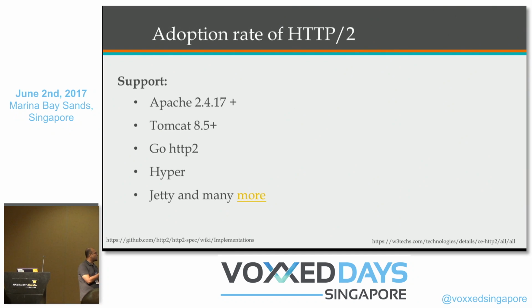The main reason was that more and more applications, browsers, tools, web servers, and proxies all started implementing this specification. Some of the examples are Apache, Tomcat, the Go standard library, Hyper, and Curl. There is a link here. You can check the bigger list.